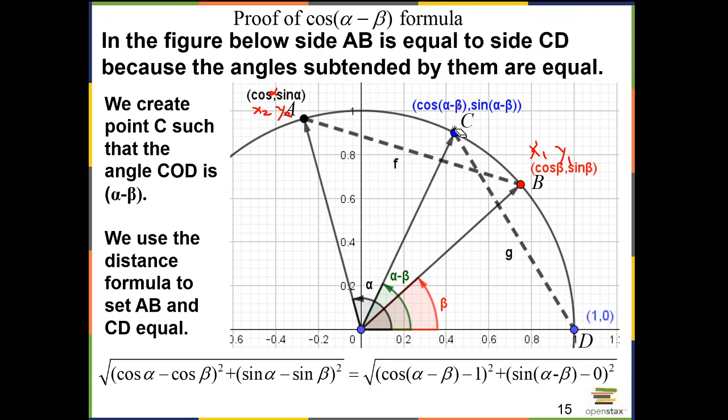And for this one, we assume this is x2, y2, this is x1 and y1. So it would be cosine alpha minus beta minus 1 squared plus sine alpha minus beta minus 0 squared.